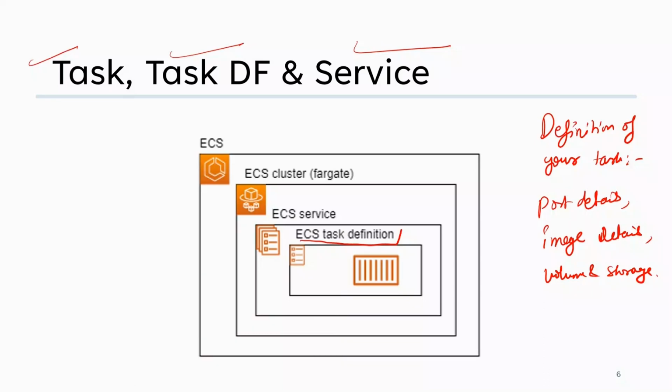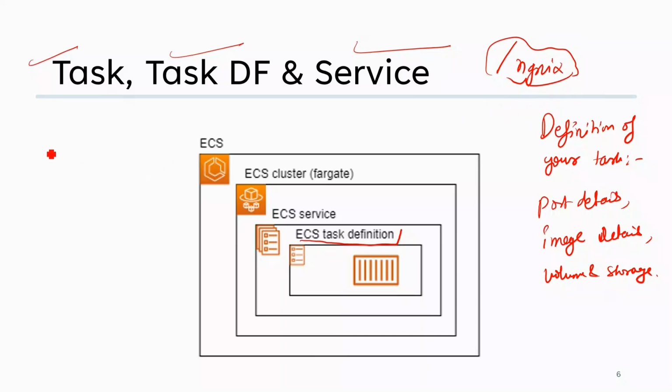Now talking about tasks, you can run multiple tasks using one task definition. It means that you have imported, for example, an Nginx image into a task definition. You have specified this image URL in the task definition as the image for your container. So you can run multiple containers or tasks based on that particular Nginx task definition.